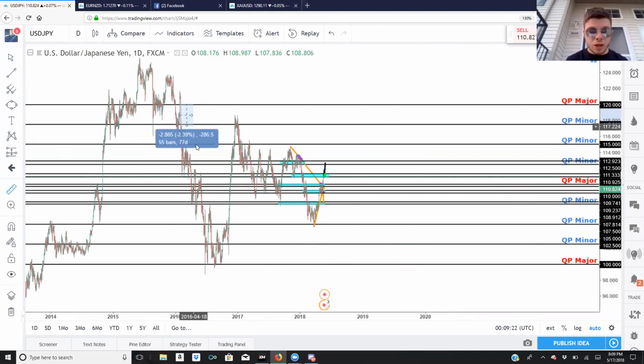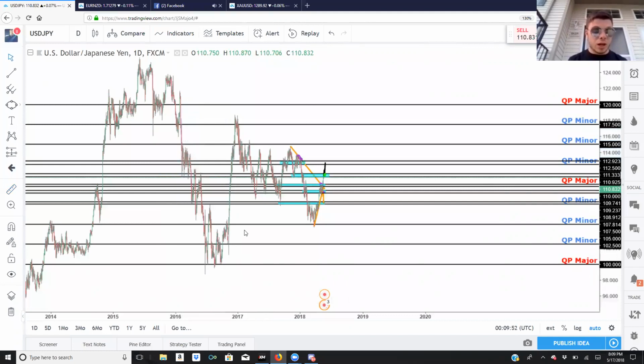So right here, if you would have got in, I mean, this obviously is rare that this would happen, and you would have held for months, almost over a year, close to. But you would have caught your full 2,000 pips, right? Because look, my point is that it literally just broke and retested the major area, came down here, broke and retested several times for that major area.